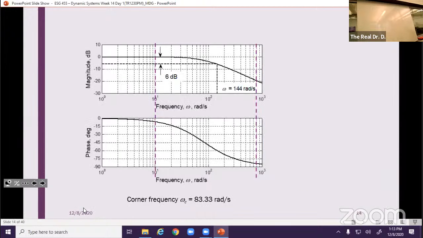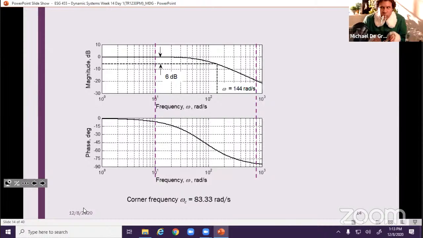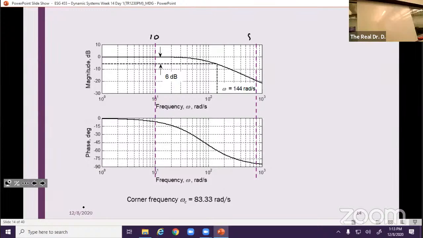So here's our Bode diagram, and you can see I've marked off on each one two frequencies. The first is 10, right? And the second one is 800, right? And so here's 10, here's 800.